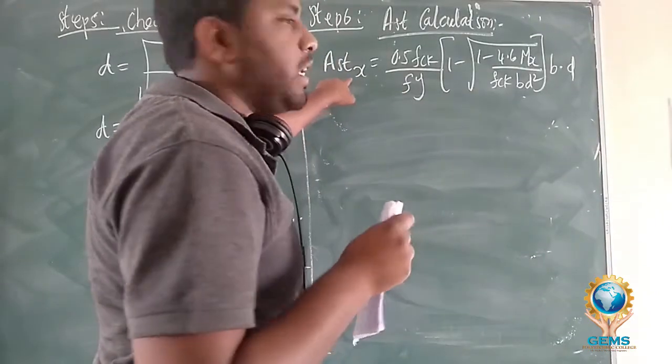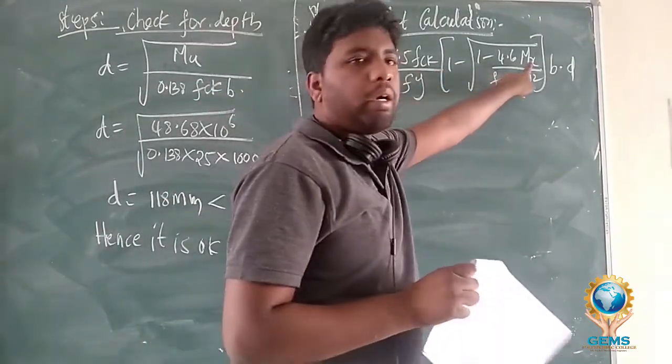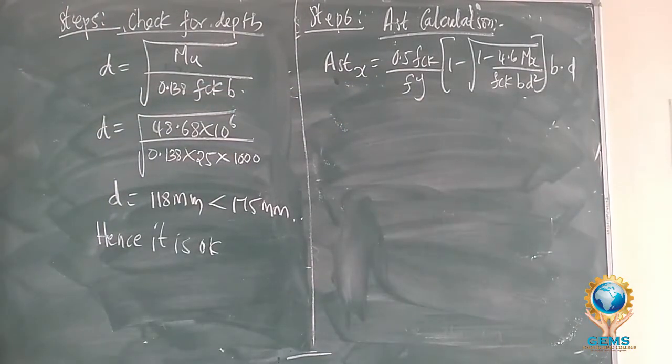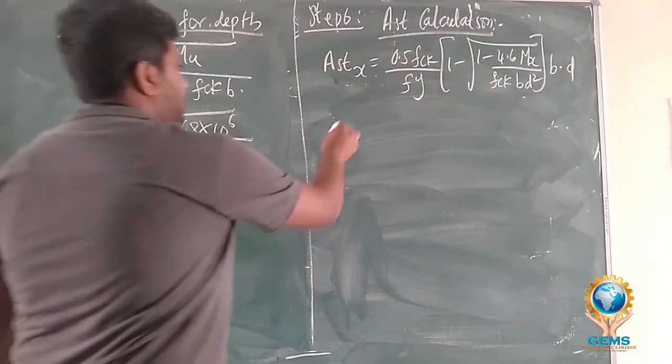For area of steel in x direction, you will take the moment in x direction, because the moment in x direction only acts on the steel in x direction. Okay. So now substitute the formula.